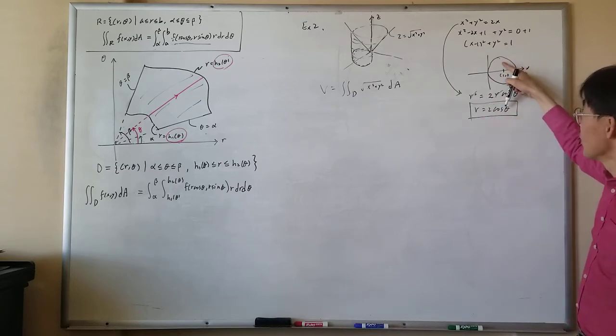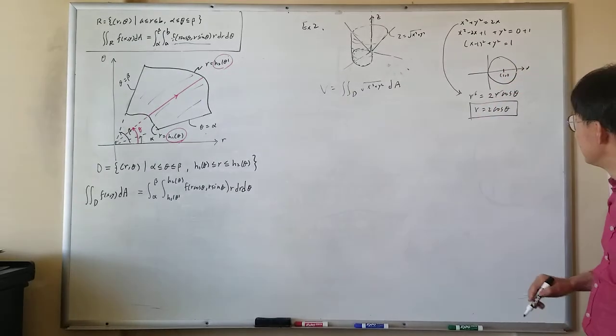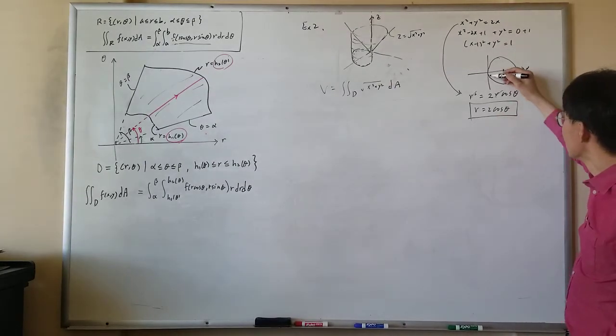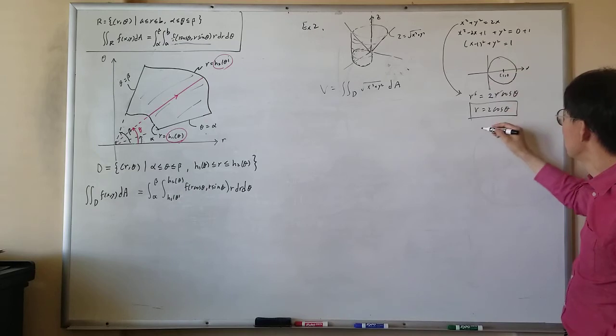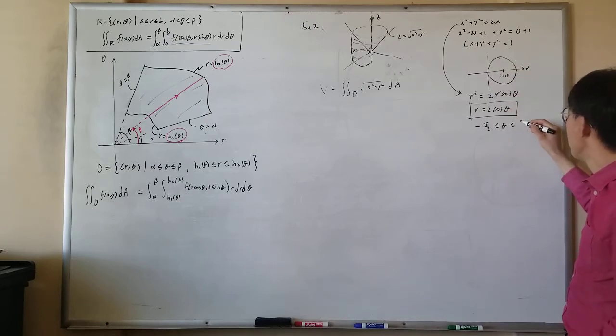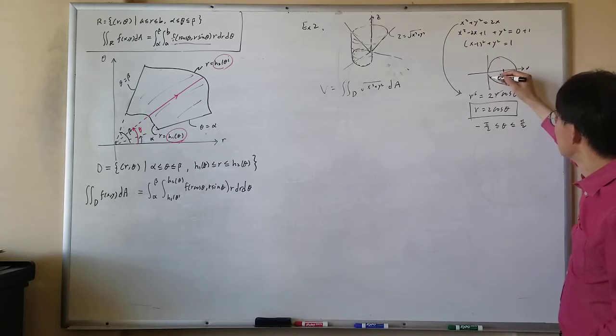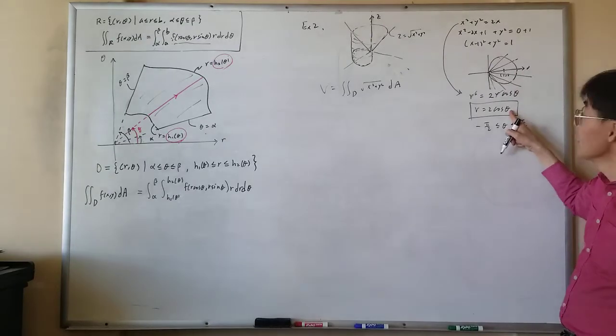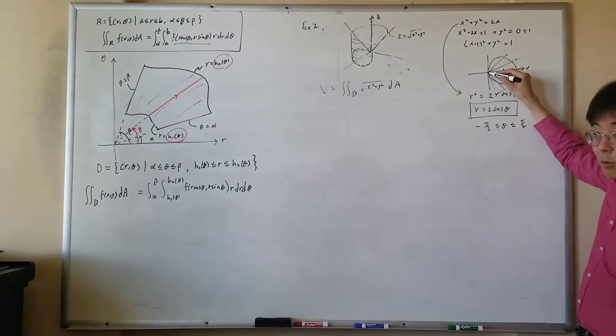This is r equals 2 cosine theta, and theta from minus pi over 2 to pi over 2. As theta increases, your r is from 0 to this one, always starting from the origin.